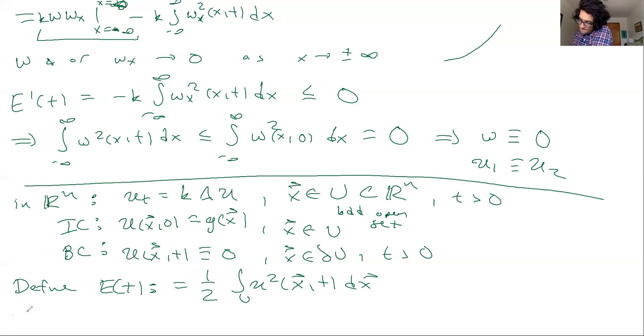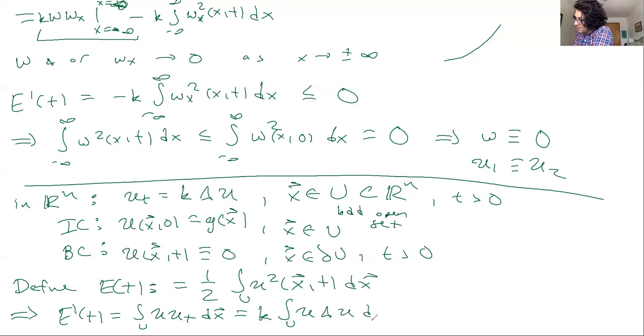And so E prime of t, in this case, is going to be the integral of u u_t dx. And this is equal to k, the integral of u Laplacian of u dx, just because of the heat equation.